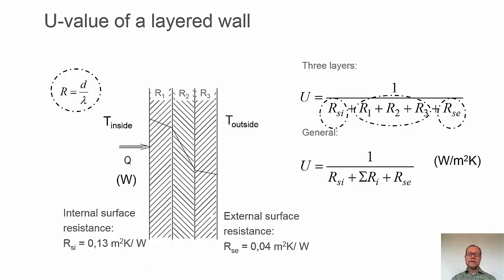And lastly, the surface resistance on the external side, which as a default value we use 0.04 square meter Kelvin per watt. The unit for the U value is watt per square meter Kelvin. If we have more layers, we just add them using this general formula down to the right, adding more layers to the total sum of the thermal resistances inside the wall.